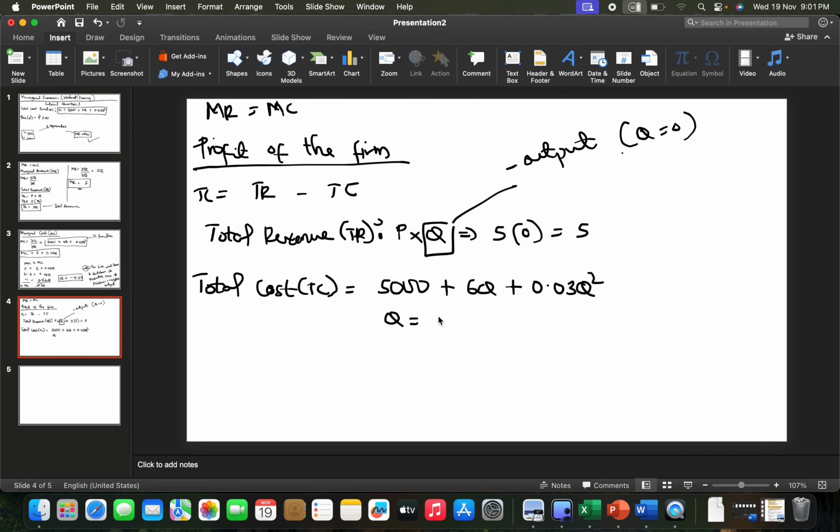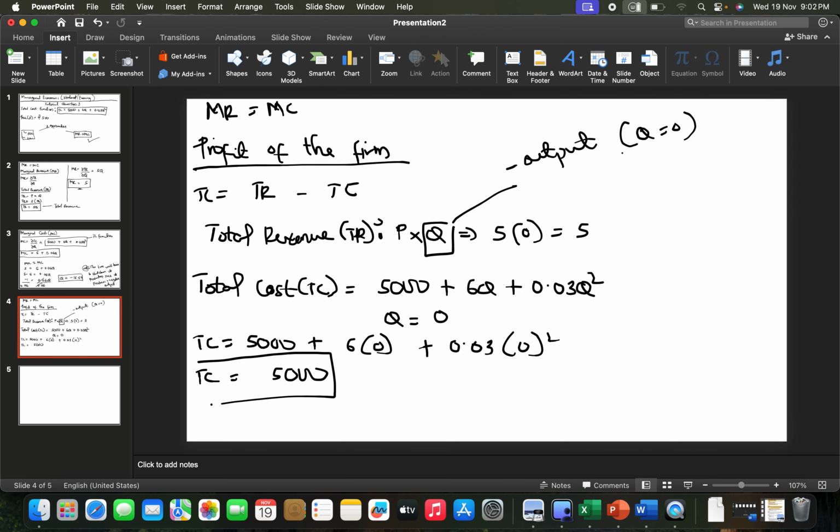The same concept, Q is equal to 0. So I have total cost equal to 5,000 plus 6 times 0 plus 0.03 times 0 squared. So total cost is equal to 5,000.